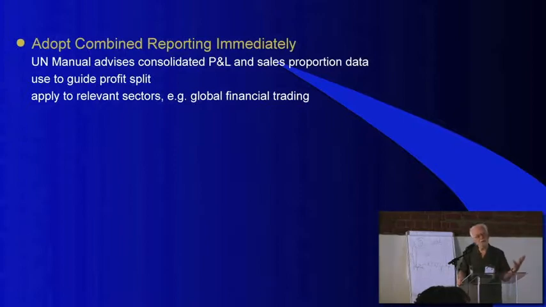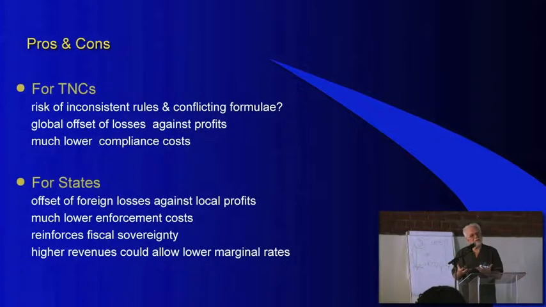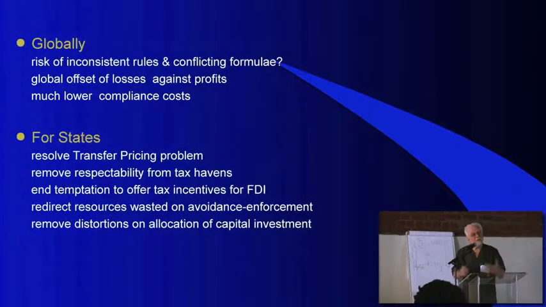But equally, some of these internet companies might be suitable candidates for a sectoral application. And some specialists have said, well, even if you don't say you're adopting unitary tax, you could at least say that we'll use a profit apportionment to guide the profit split approaches, which are increasingly the ones that are used in a transfer pricing context. So those are all ideas for a transition, but certainly I think the first step should be some serious studies.